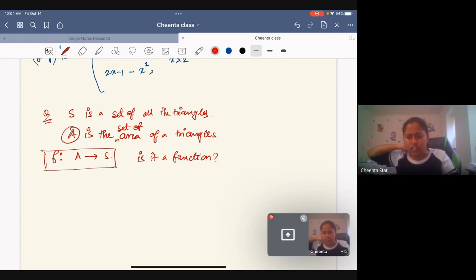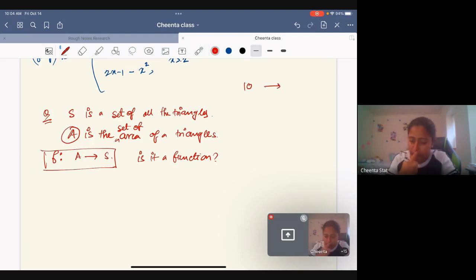I guess Autrolita Shaha answered it correctly in the chat. Be careful with these problems. Exactly, there can be many triangles with the same area. Say we have area 10 for a triangle.